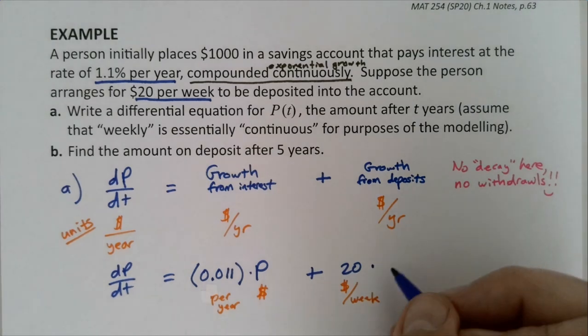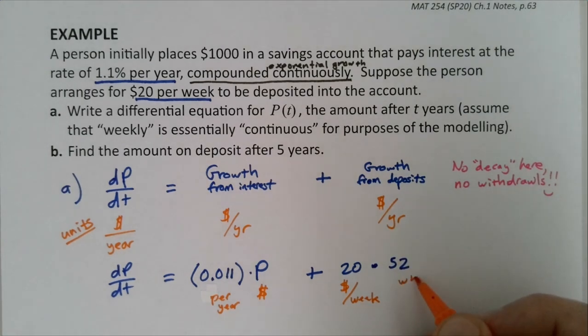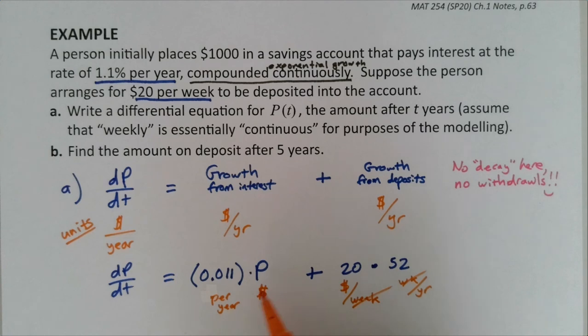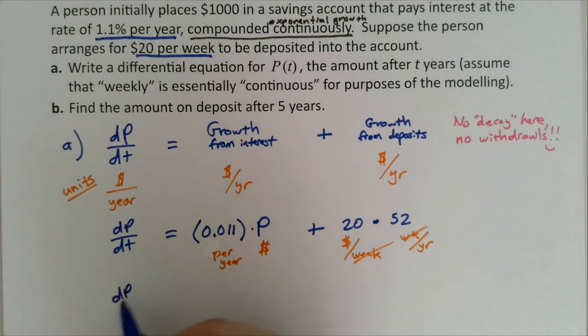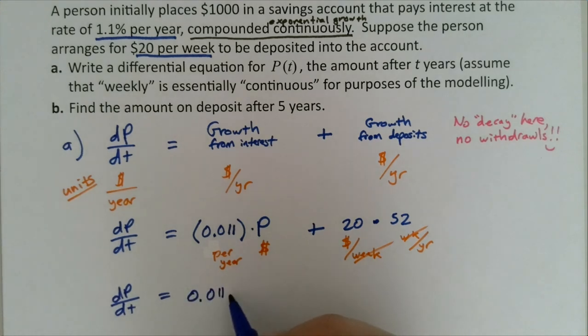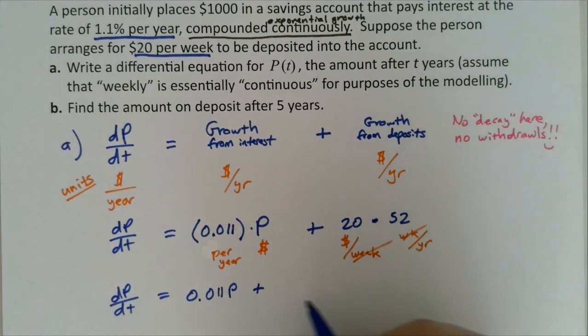And so those of you who are quick with a calendar know that there's 52 weeks per year. And sure enough, if we do the unit cancellation, we wind up with dollars per year and dollars per year. So that means that my differential equation, the end of part A, is just dP/dt equals 0.011P plus 20 times 52 is 1040.